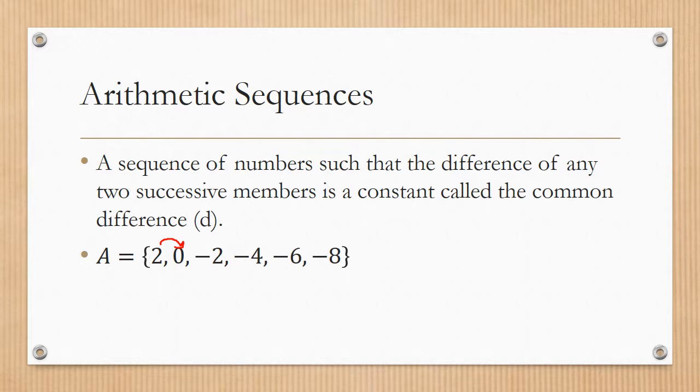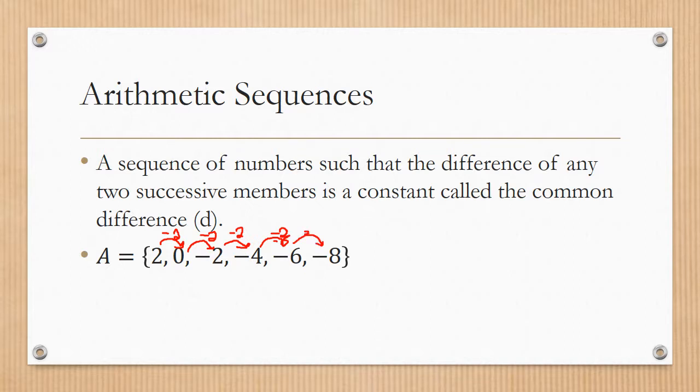So 0 minus 2, that's a negative 2. Negative 2 minus 0, that's a negative 2. Negative 4 minus negative 2, that's a negative 2. Negative 6 minus negative 4, that's a negative 2. And negative 8 minus negative 6 is negative 2.